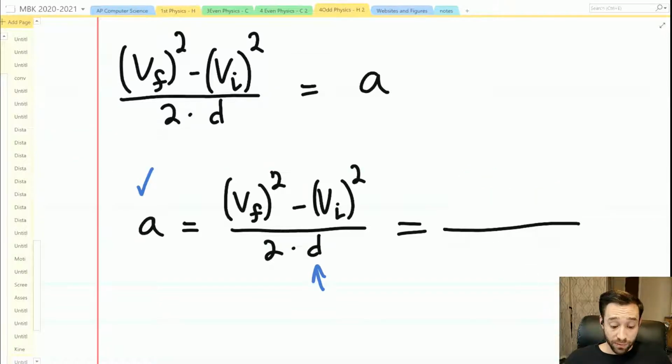I have to figure out some other kind of expression to plug in for d, because we don't want to do intermediate calculations. But we'll get into that later. In this case, we are given my final velocity, the initial velocity, and the displacement. So I've got check marks through all of it. I am now allowed to plug my values in.